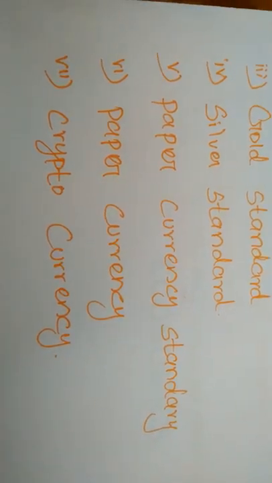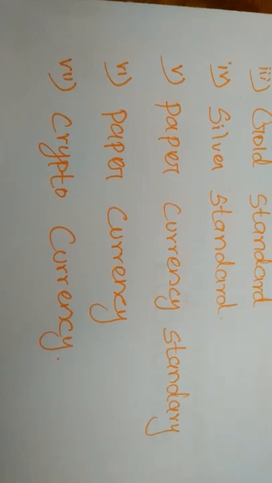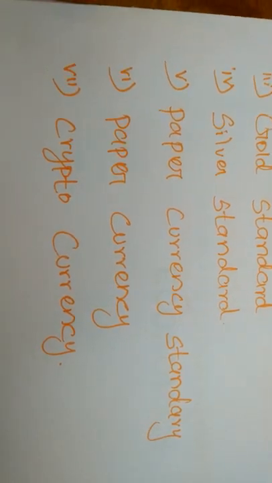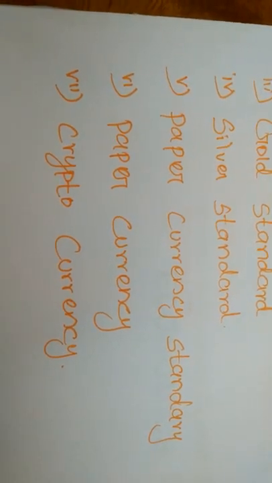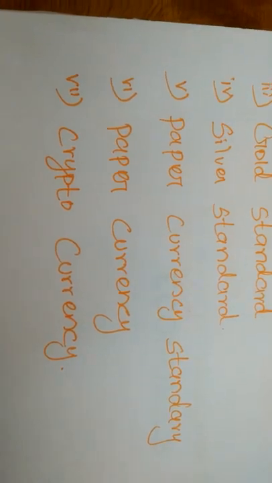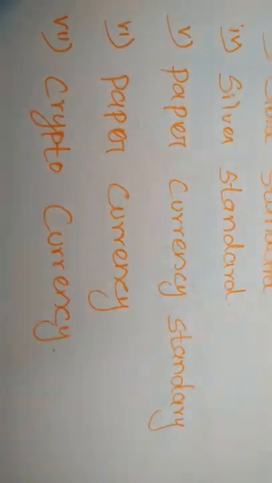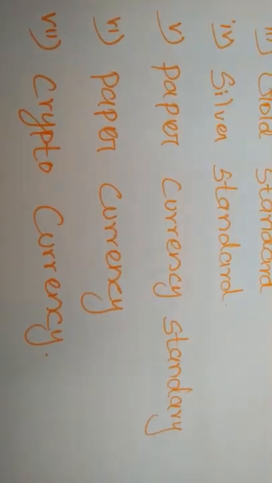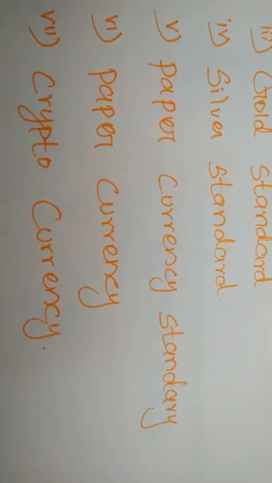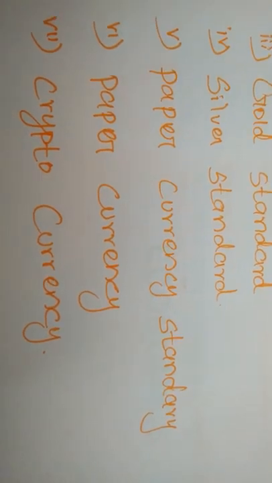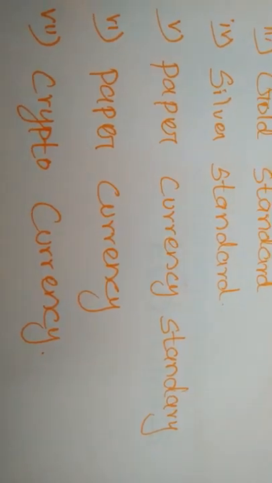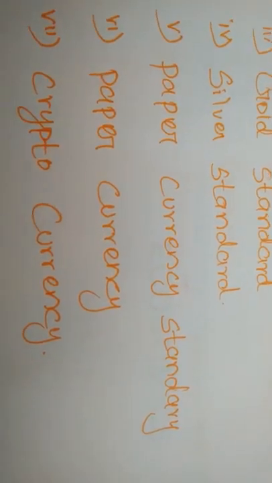So it is also known as managed currency. The quantity of money in circulation is controlled by the monetary authority to maintain price stability. The supply of money is controlled by the central government or the Reserve Bank of India for the purpose of maintaining price stability.